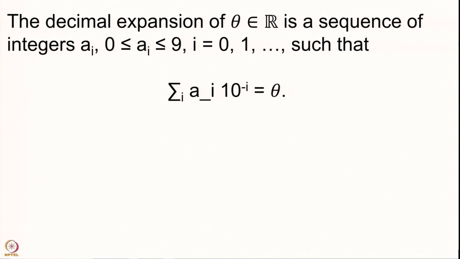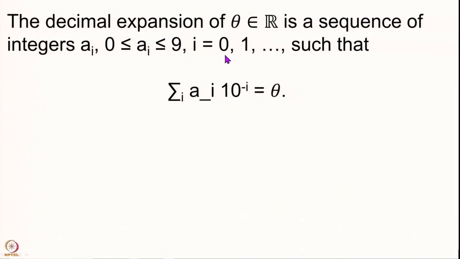Here, i should not be from 0 to 1, but it will be from some quantity onwards. So, i is going to be bigger than or equal to some minus n onwards.